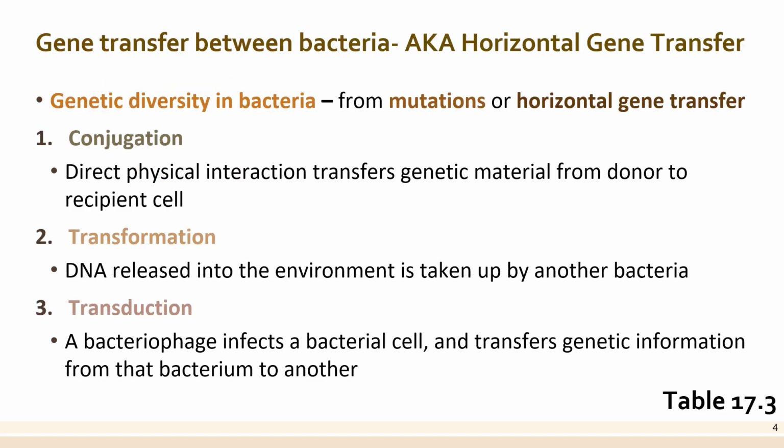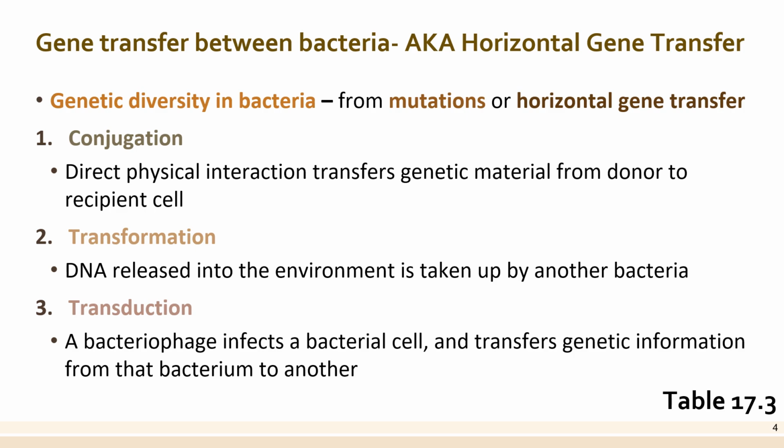There are three types of gene transfer that we see between bacteria. So this is basically bacteria to bacteria horizontal gene transfer. There are two main ways that we see genetic diversity in bacteria. Bacteria are not performing sexual reproduction, so they're not combining genomes, they're not shuffling genomes, they're not gaining some of the diversity that we find in eukaryotes who are reproducing sexually.